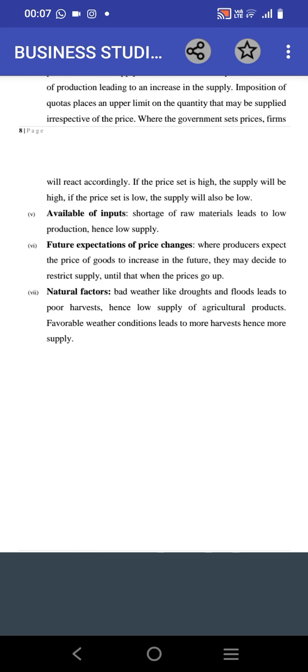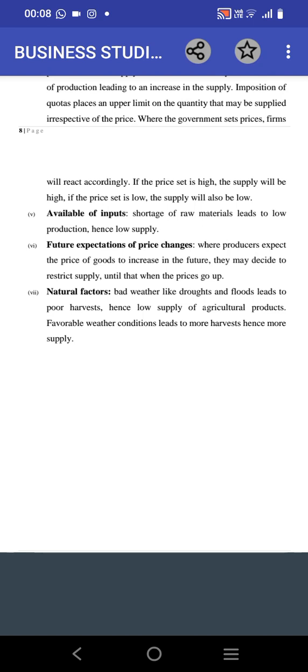Expectation of price changes. Where producers expect the price of a good to increase in future, they may decide to restrict supply until the price goes up. You see, these people, like wholesalers, or mostly retailers, do that.